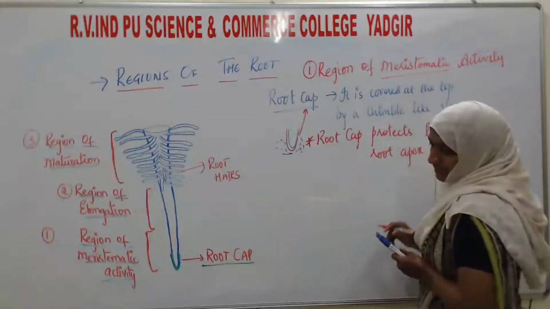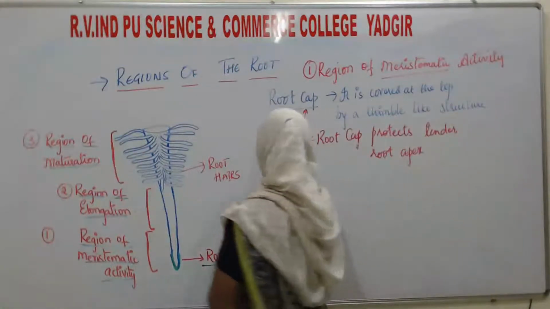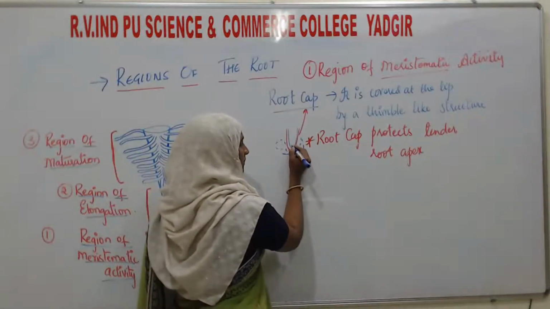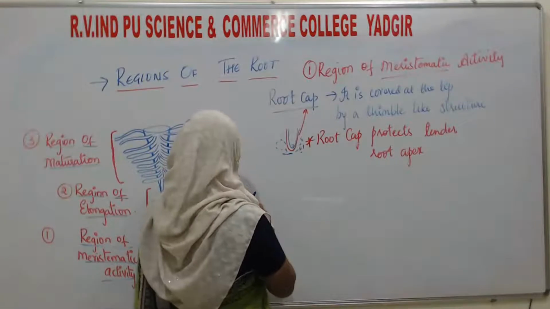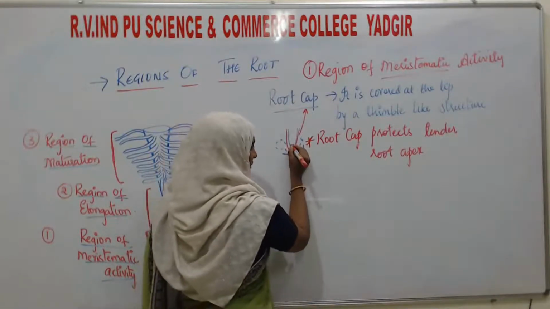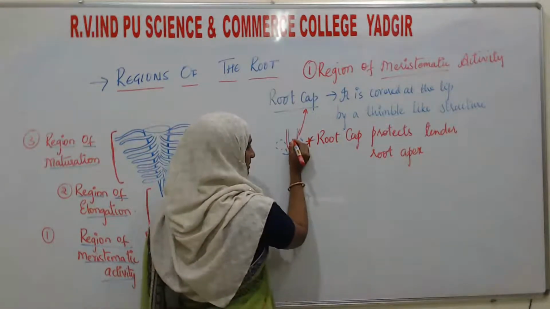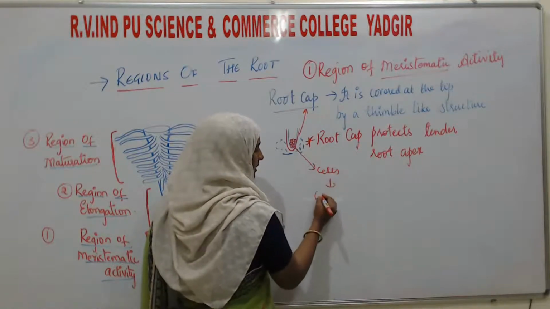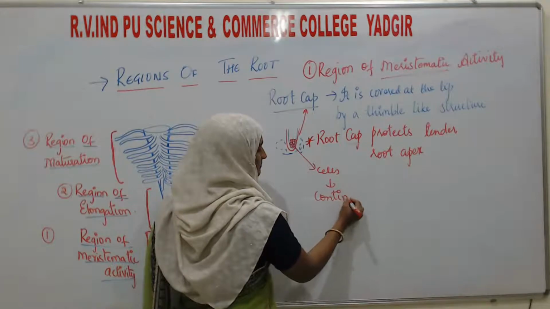What do you mean by meristematic activity? In the root apex, in this root tip, there will be certain cells, and these cells will continuously divide.